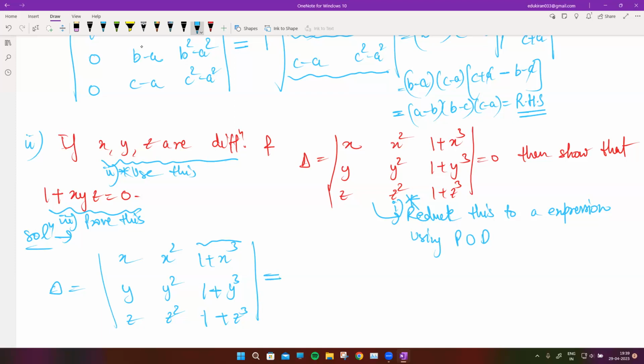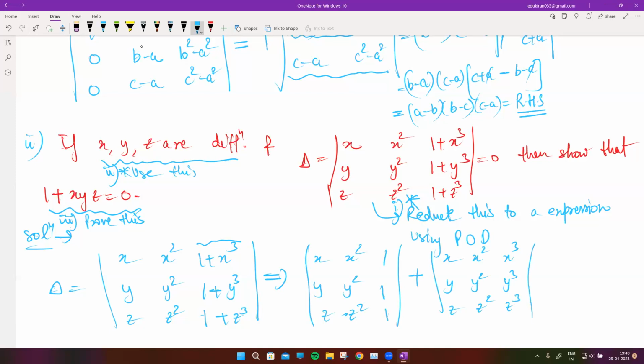I can definitely break this to this. No? This is the simplest property which I can apply directly.